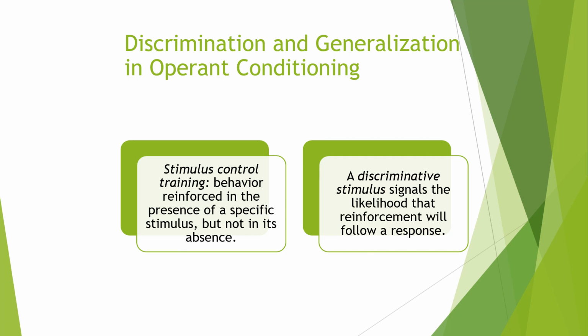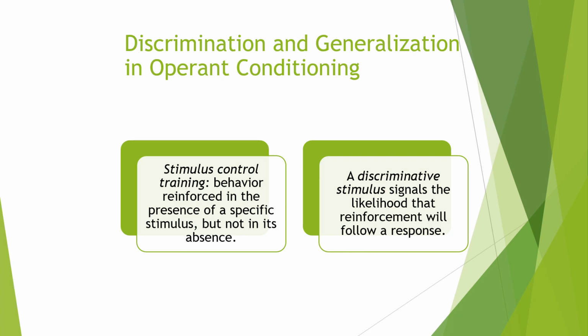So the stimulus has got to be there in order for you to be reinforced. If it's absent, you're not going to be reinforced. There's also a discriminative stimulus that signals the likelihood that reinforcement will follow a response.